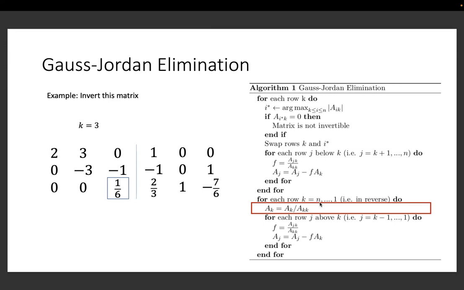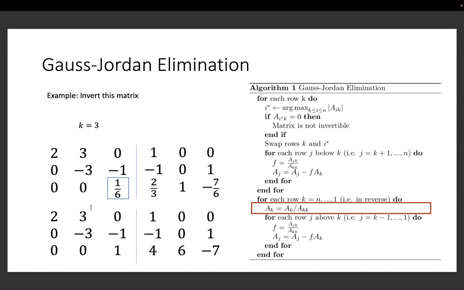So at first, k is equal to 3, and then we divide row k, row 3, by A33. So A33 is 1 divided by 6. So we just need to divide all elements that we have in this row by 1 divided by 6 to convert this element to 1, because this element becomes 1 if we divide it by itself.